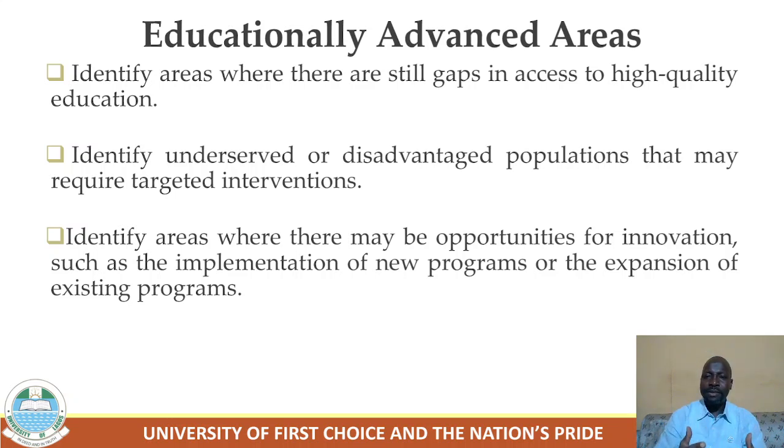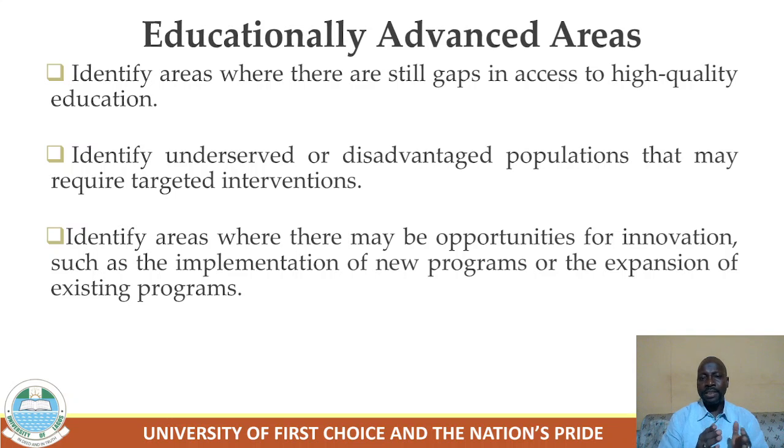And in this same area, we have areas that are still having access to high quality education, but not as they have in some areas like Highland and other areas in some parts of the state.